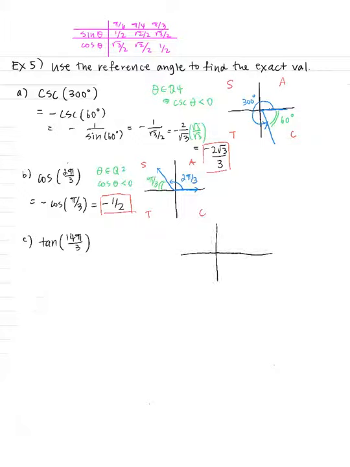Okay, so 14 pi over 3. Again, if you don't like radian measure, pi over 3 is 60 degrees. Multiply that by 14, which is 840 degrees. That should give you an idea of how much you need to revolve around.